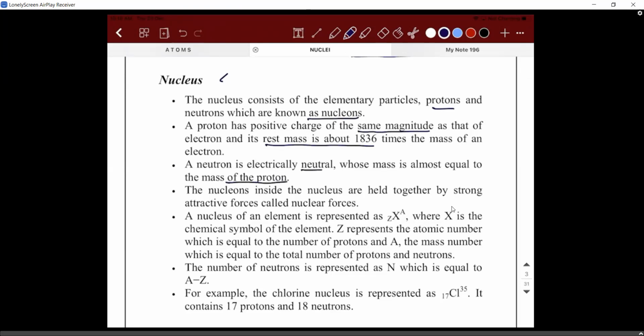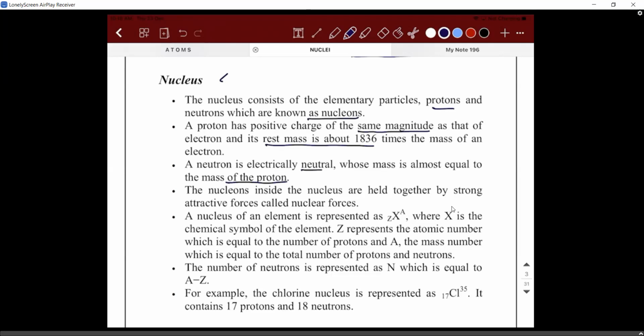So this is what you need to make a note of. With respect to proton and electron, what is same? There are two parameters we are measuring. One is charge, one is mass. Charge is same, but mass is different. Who is heavier?